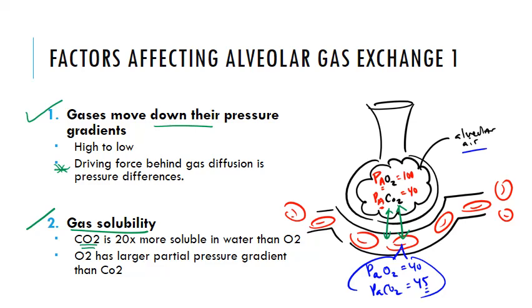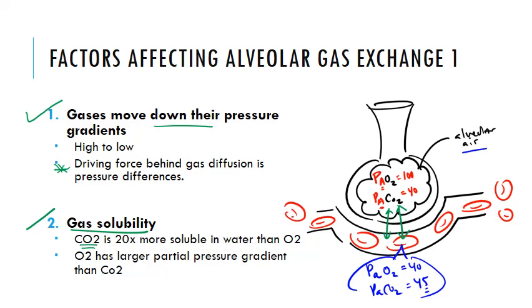So we can see the single file line of red blood cells moving through. Inside here we have the alveolar microenvironment, or alveolar air, and inside here we have both oxygen and CO2, and then also over here we have oxygen and CO2 inside of the blood.